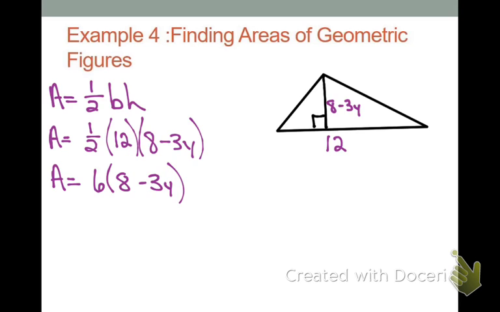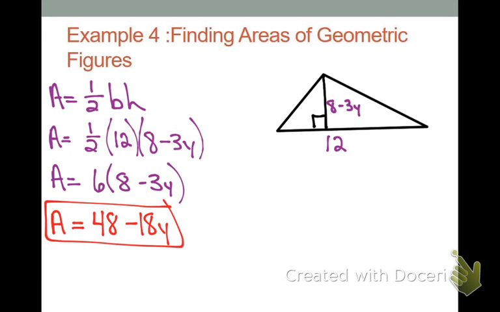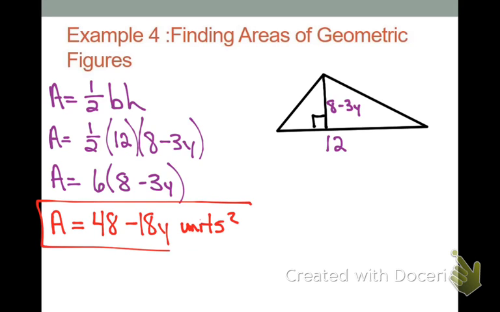All right, what's 6 times 8? 48. And what's 6 times negative 3y? All right, oh, and we forgot to label. I forgot my label. Units squared. Or you could say square units, either one. All right, and if you understand that, that's everything you need to know for this lesson, section 2.2.